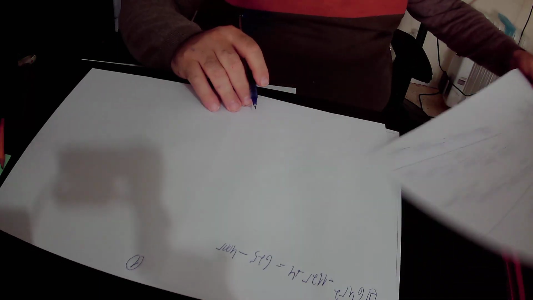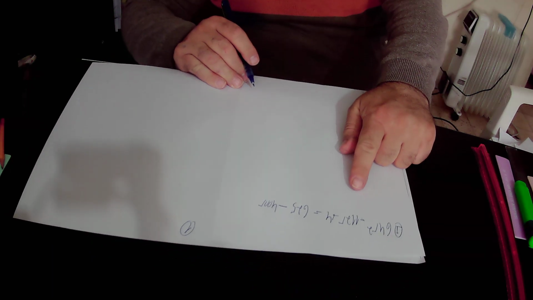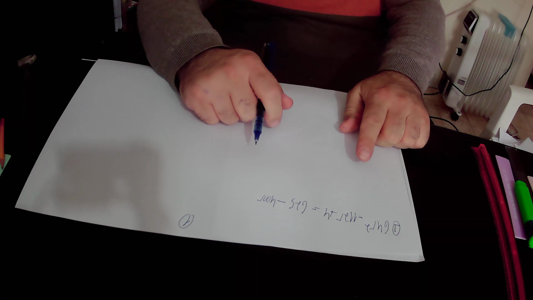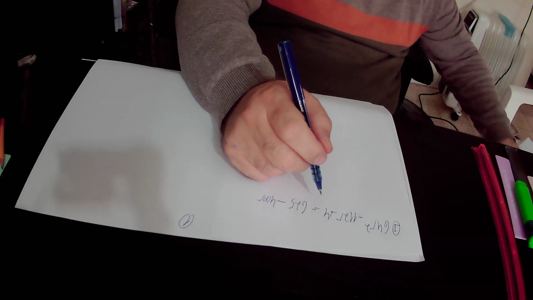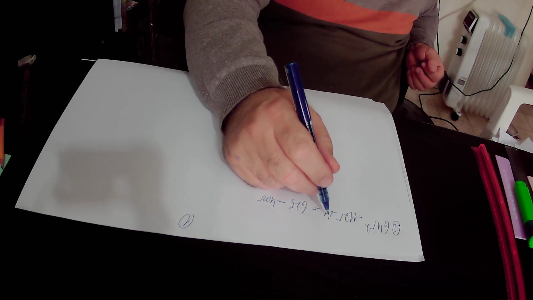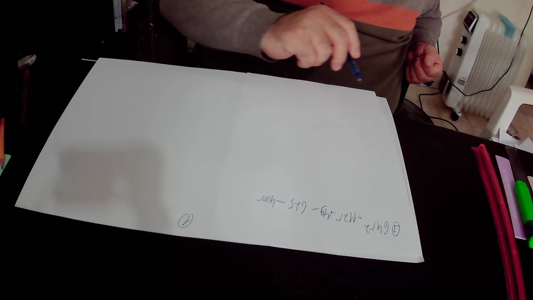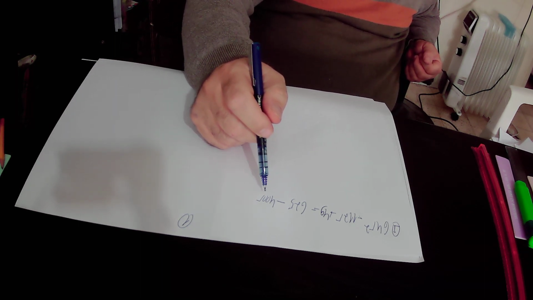So in conclusion, we found out that according to equation number 1, 64r squared minus 112r plus 49 equals 625 minus 400r.